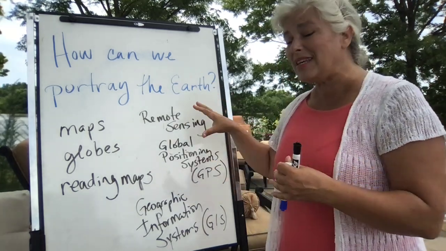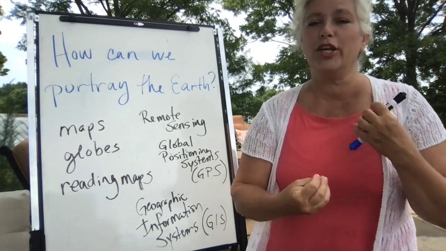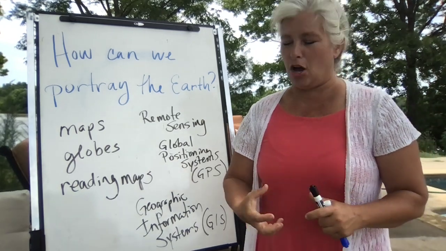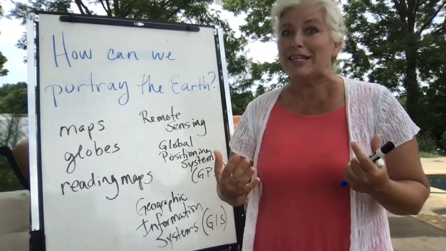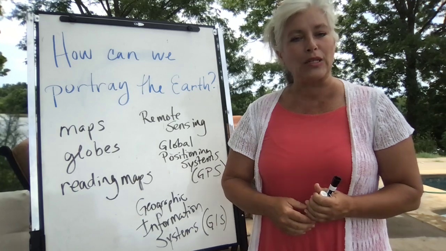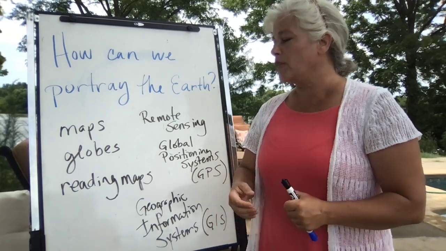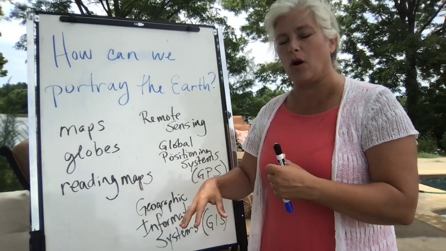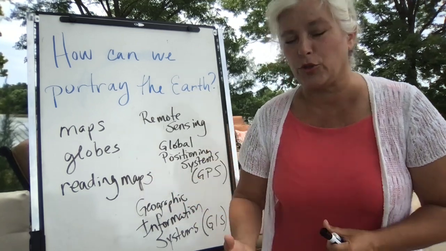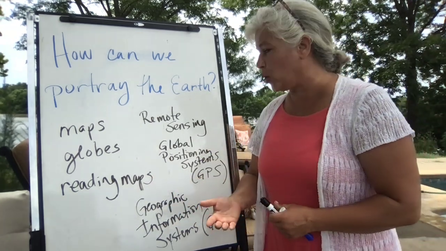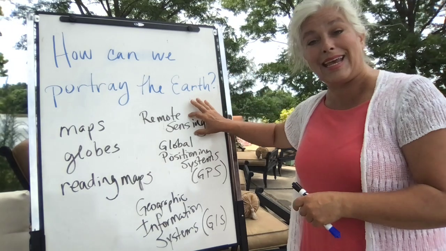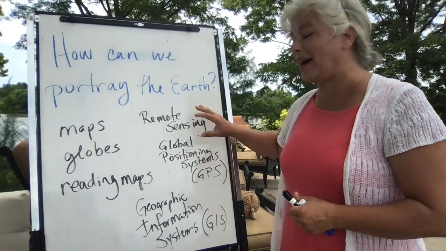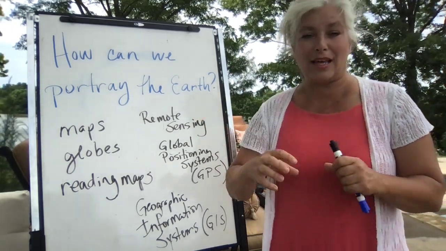So this chapter gives us just a really good solid foundation to stand on to understand literally our place in the world and how to interpret things for directions, for understanding what a map was produced for, interpreting a map correctly. Remote sensing is another topic that we're going to talk about in this set of lessons.